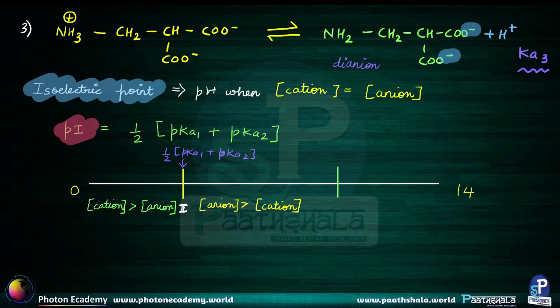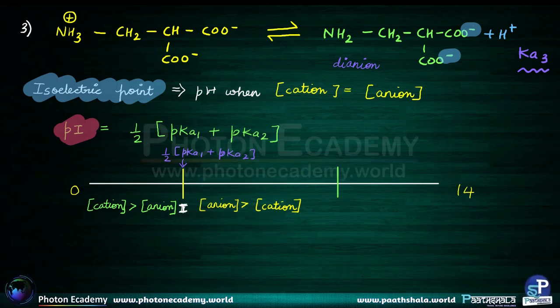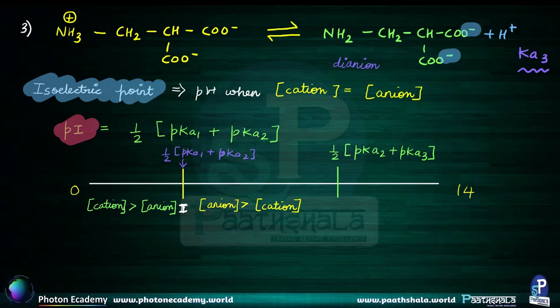That second Pi will be half of pKa2 and pKa3, so it is from the contribution of pKa2 and pKa3, and this is the second I that we are getting.